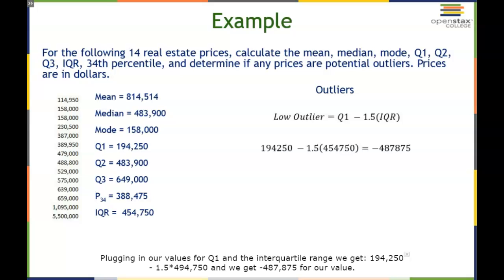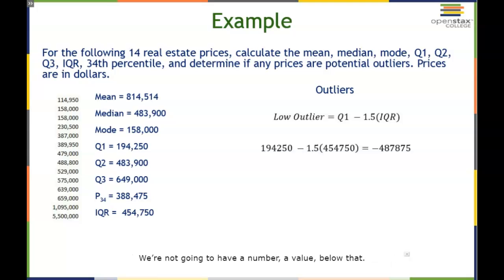Plugging in our value for Q1 and our interquartile range, we get 194,250 minus 1.5 times our 454,750, and we get a negative 487,875 for our value. Now, because we don't have any negative numbers, we're not going to have any low outliers. We're not going to have a value below that.